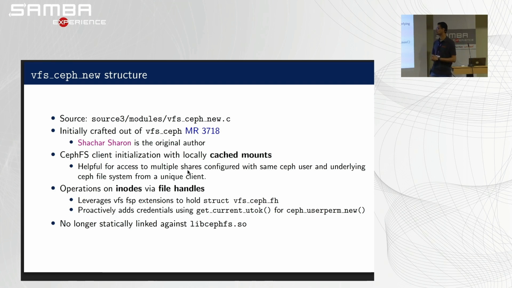And we proactively add credentials, relying on the get_current_utok functionality to get the current Unix token. This is a particular API from Ceph, which has support for supplementary groups also. So we use this API as part of the low-level API calls. And this is how we managed to fix the other bug, which was the trigger for creating this new module.